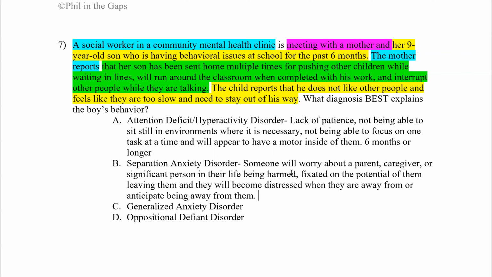And since it is a child, it is going to be 4 weeks or longer, but for our adults, it'd be 6 months or longer. But for this sake, it's going to be 4 weeks or longer.